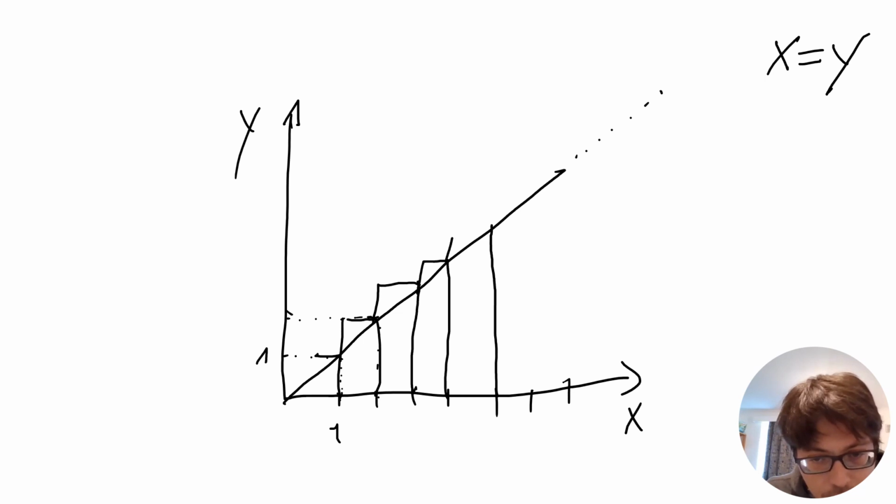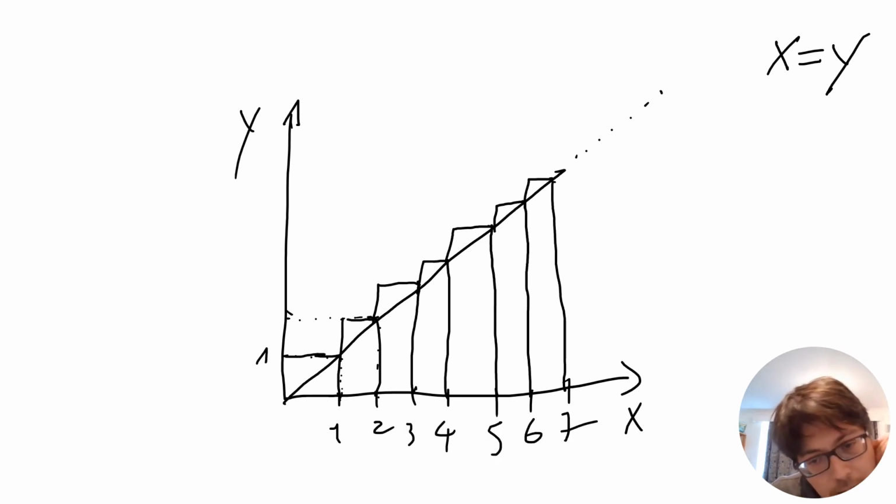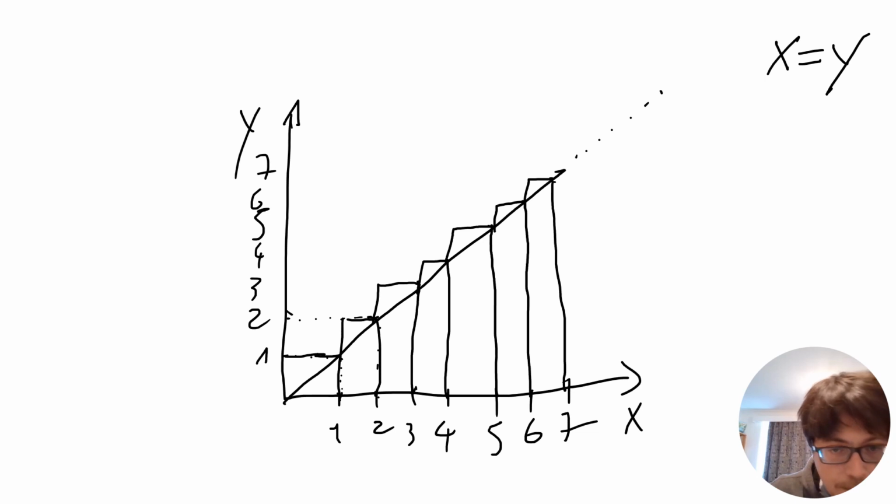You can also do the other approximation from the bottom side, but let's stick with one and see where we go with this. Okay, nice. So first of all, I want 1, 2, 3, 4, 5, 6, and 7.